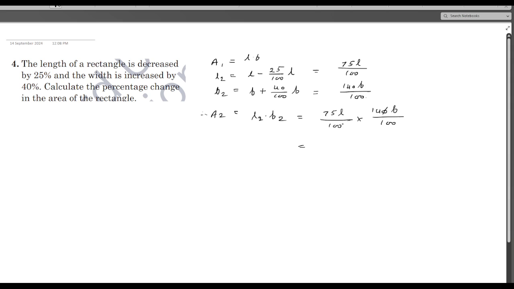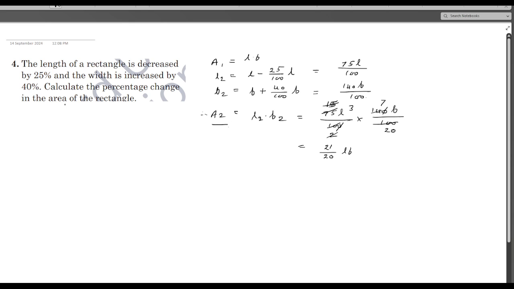So the zeros I will cancel, and then with 5 it is 5 times 2 and 5 times 5, and with 5 again we can divide. 5 times 3 is 15, and 5 times 2 is 10, and then with 2 I can divide, and it is 7. So 3 times 7 is 21, so it is 21 divided by 20, length times breadth.